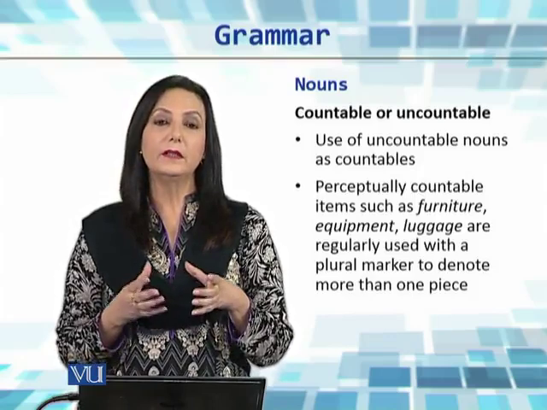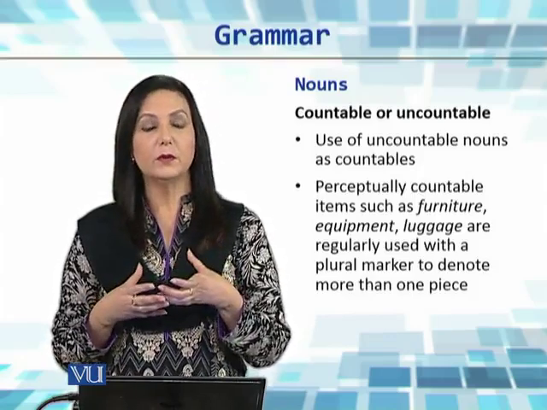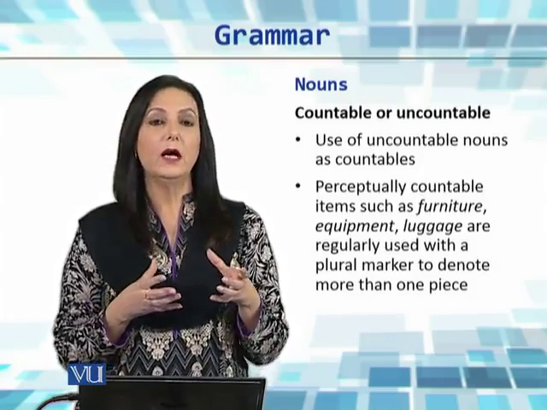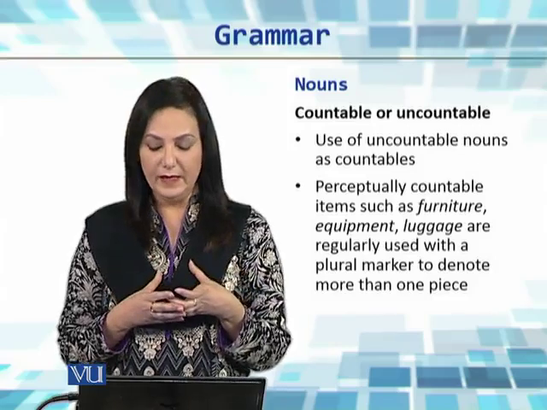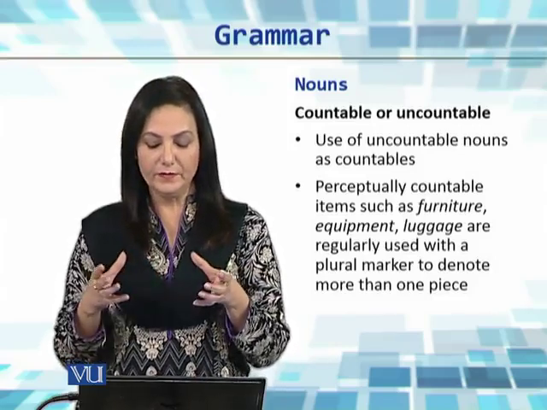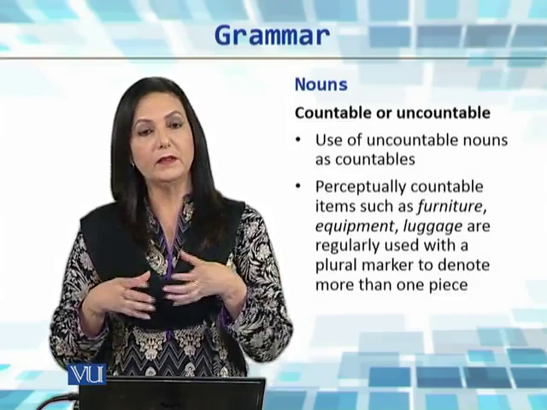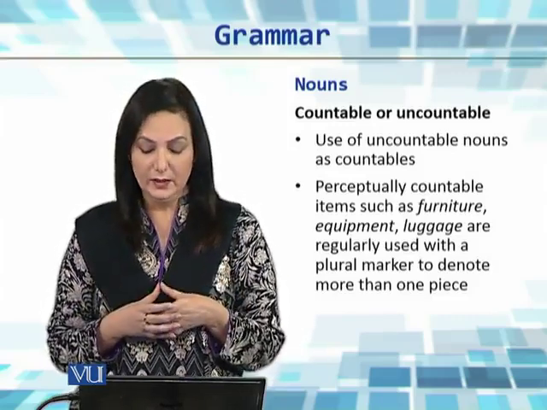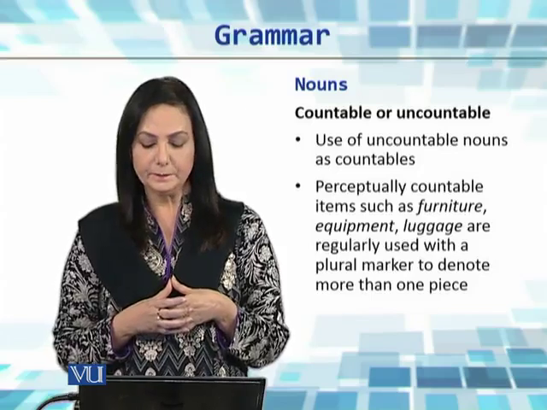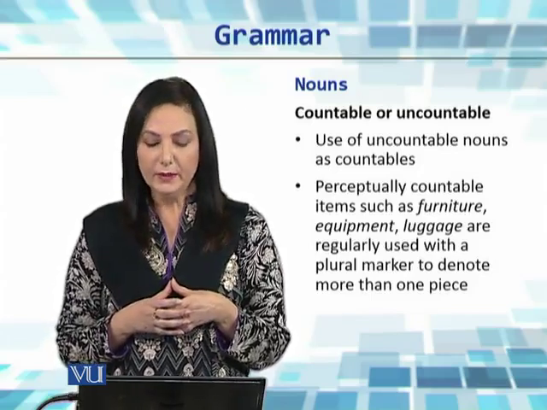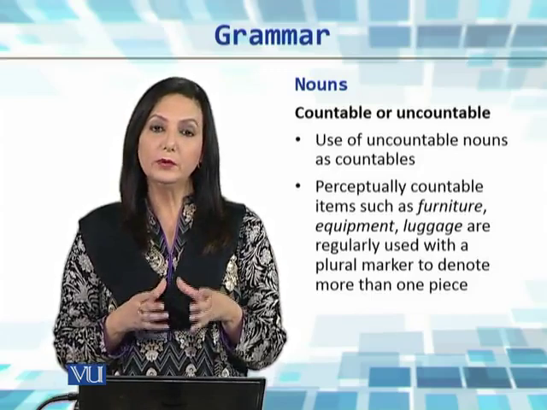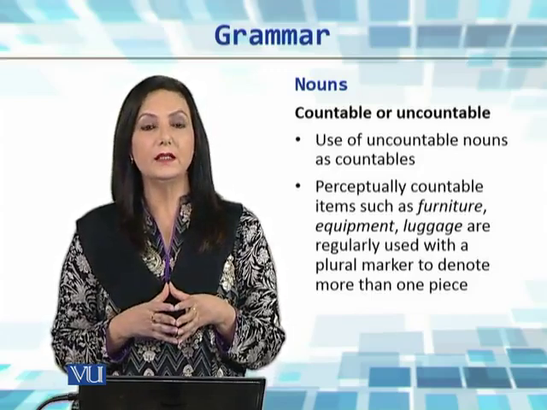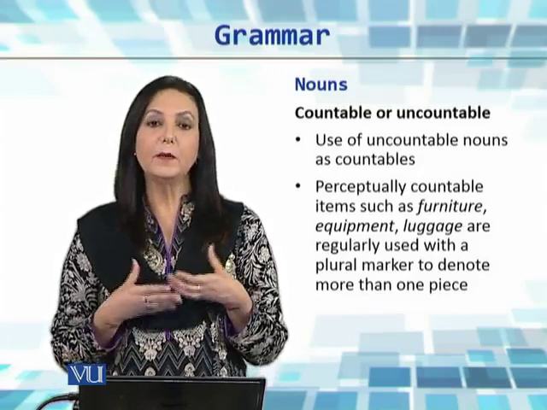It seems that the plural forms of uncountable nouns are used perceptually. For example, the nouns or the objects which people believe are more in number, for example, furniture, equipment, etc. They are regularly used with a plural marker to indicate that there are more than one piece.